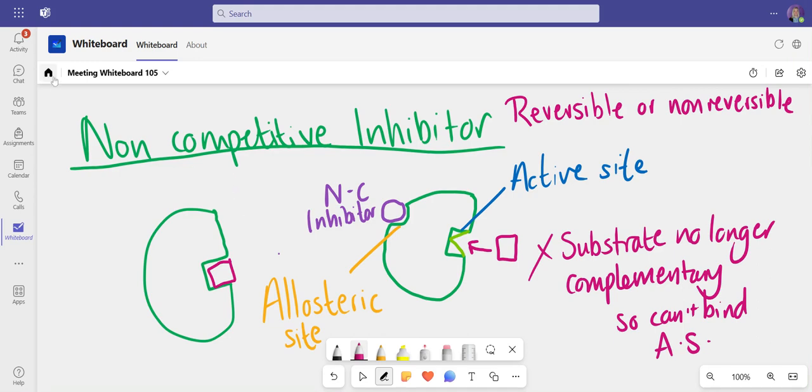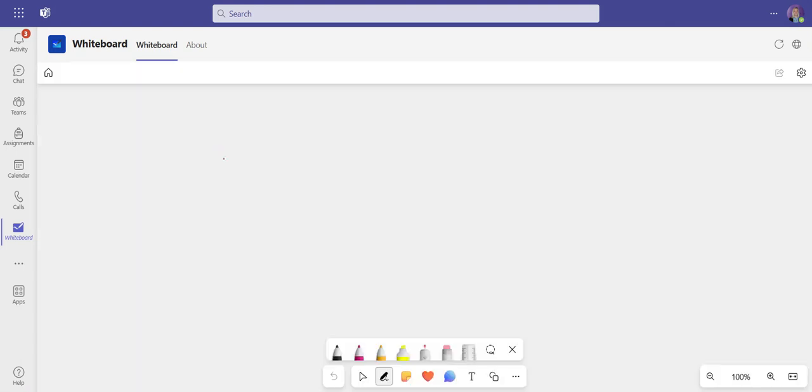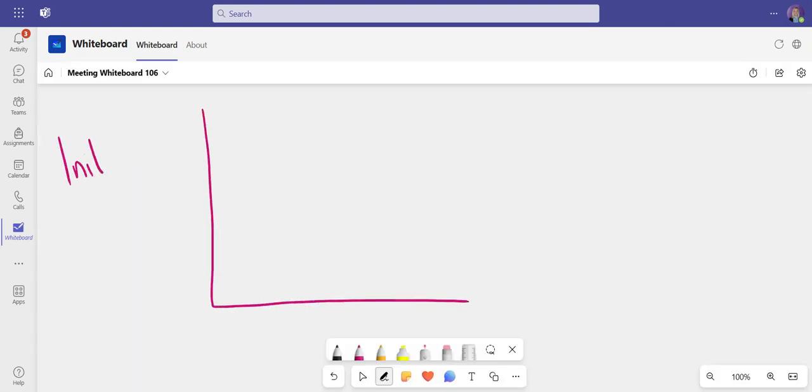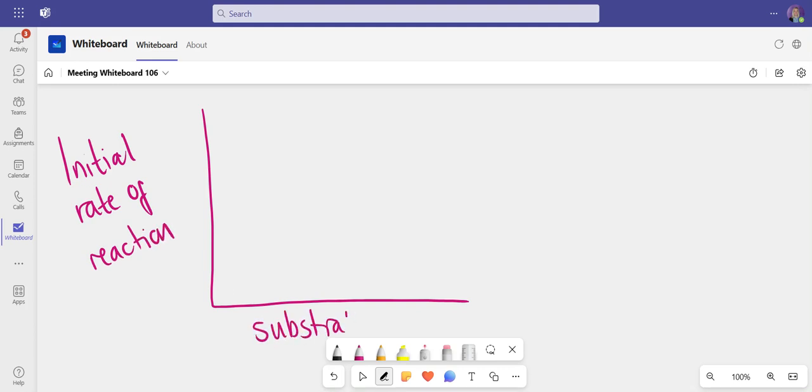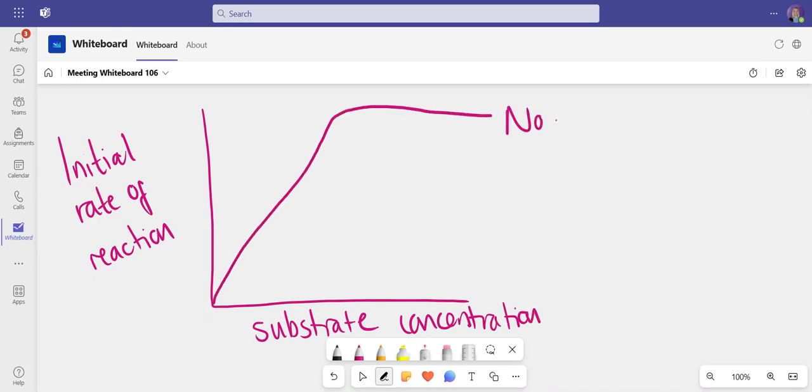So if we recap what we did before, if this is our graph, remember looking at the initial rate of reaction, the rate of reaction right at the start. And we're looking at the impact of changing the concentration of the substrate. If we didn't have any inhibitor, our line looks like that. It increases and then it plateaus.